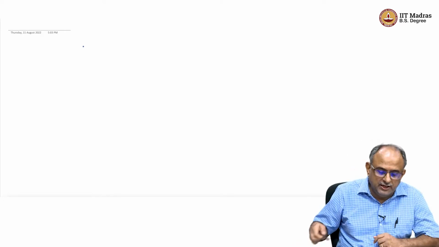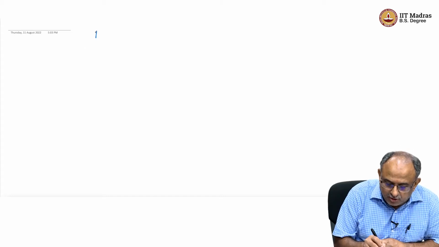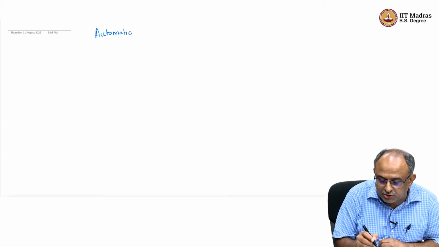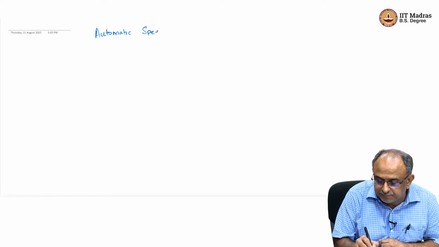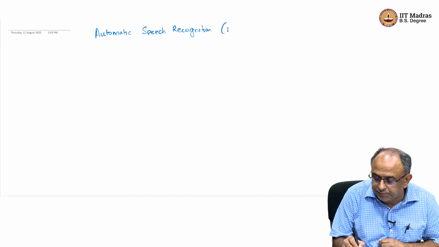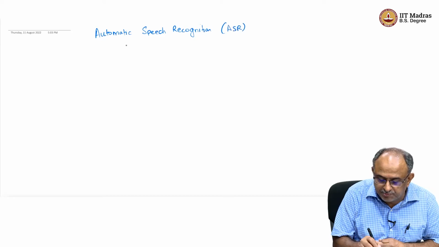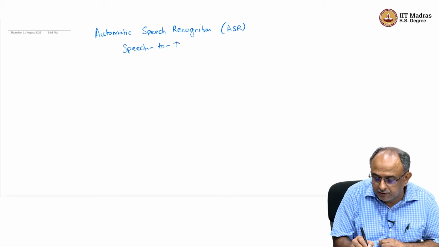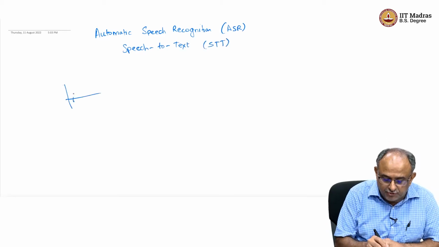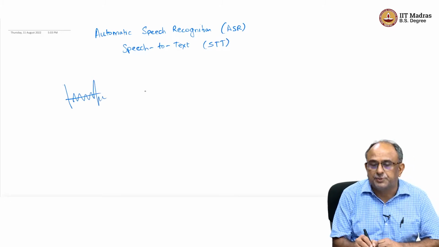The idea in speech recognition or automatic speech recognition, sometimes also called speech to text, is essentially that you are given a speech waveform, like I am saying a sentence or something.